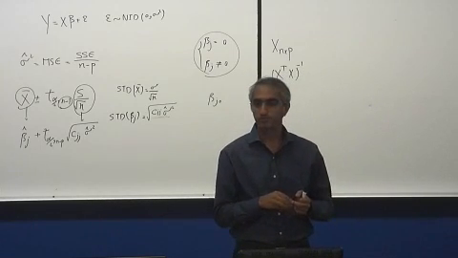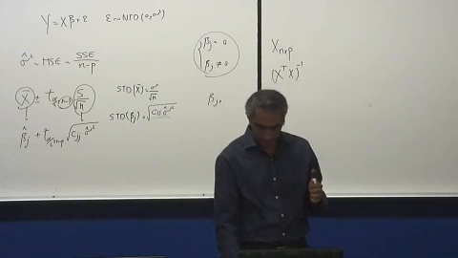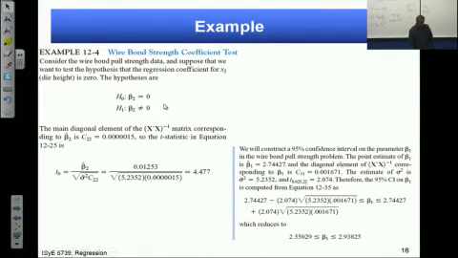Any other questions? Okay, one example. We want to test the hypothesis whether beta 2 is equal to 0 or not. What we need to do is find beta hat 2, which was 0.01253.